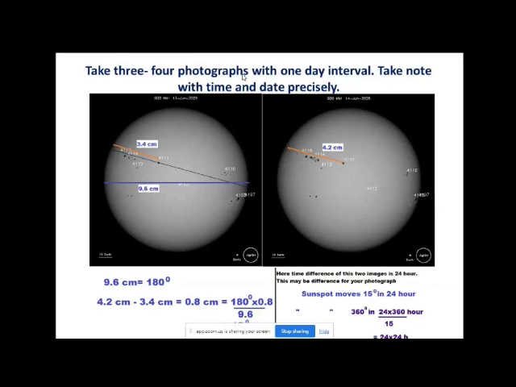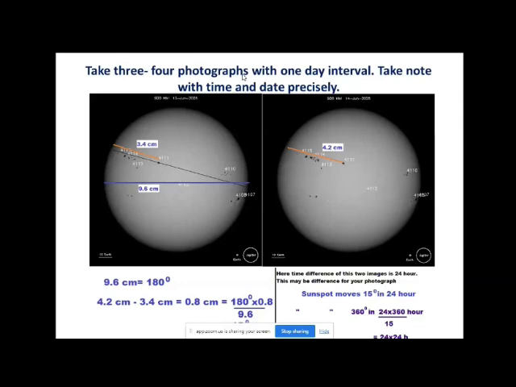Then there will be two illustrations, and just find a ruler. The sun's diameter is 9.6 centimeters across, and we have to observe 3 or 4 images, because we also have to measure the direction of the movement of the sunspot.